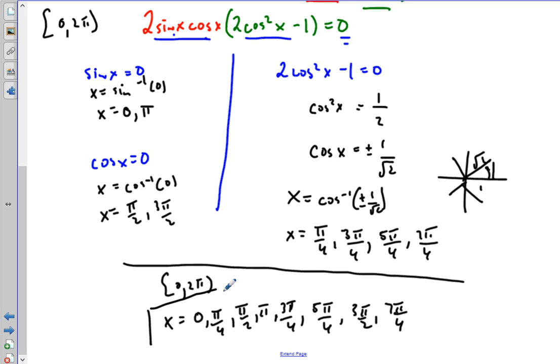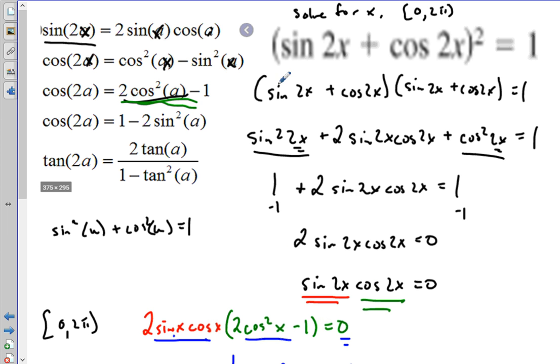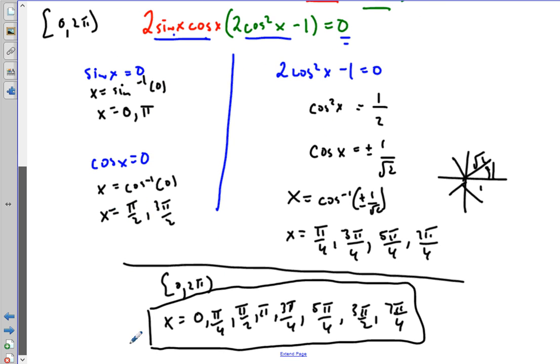So all of these solutions are the solutions to this original equation right here. We did a little algebra, factoring it through, realizing we can use a fundamental trig identity to simplify this, make this 1 and move it to the other side, and then go through and solve the remaining portions of that. And there we go. All these will work out just the way we want them.